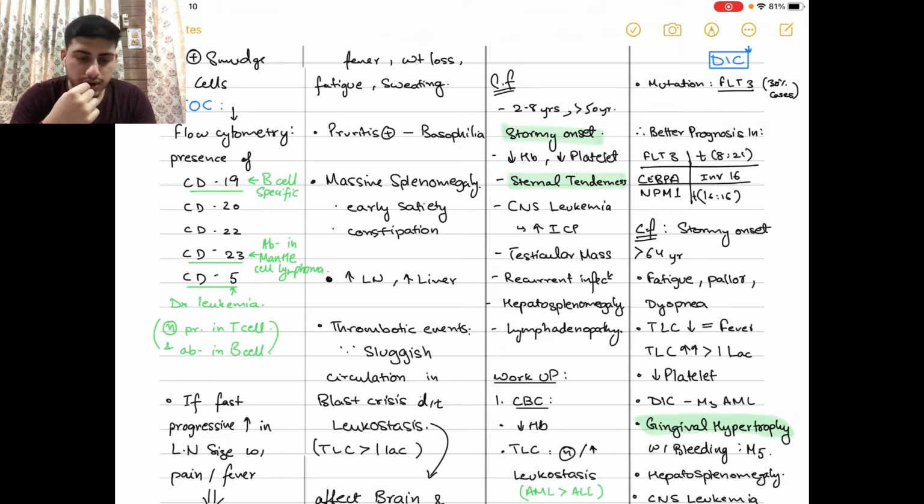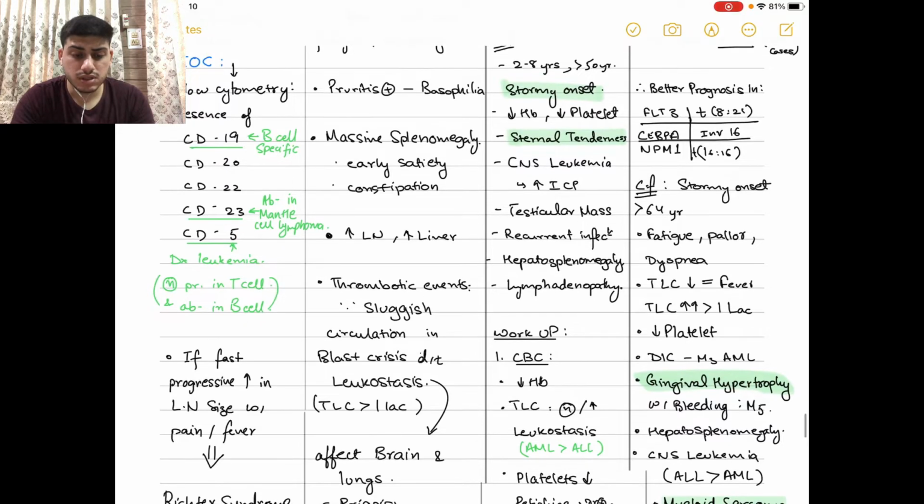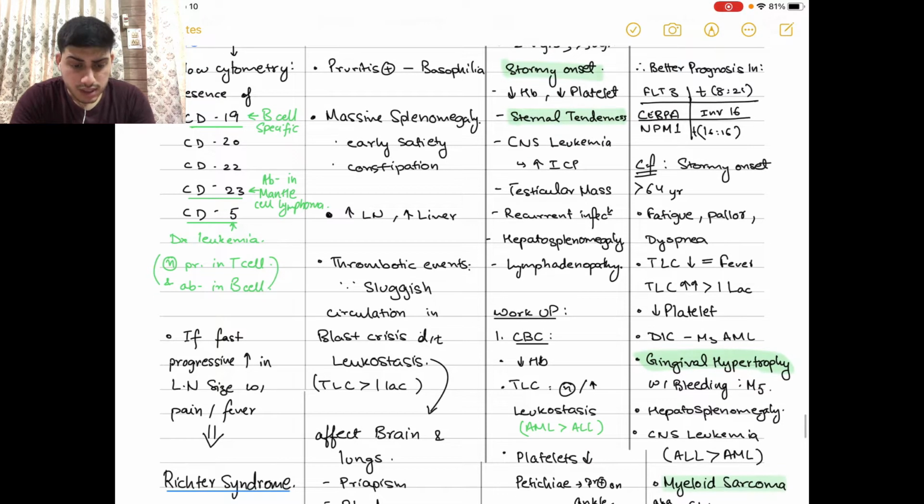CD20 is also found on B cells normally, and CD22 also. CD23 is also found in B cells. Now these markers are found normally in B cells, but CD5 is not found in normal B cells. It is normally found in T cells. But when CD5 is found in B cells, this tells us the B cell is abnormal or cancerous.